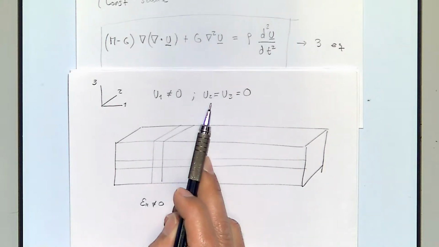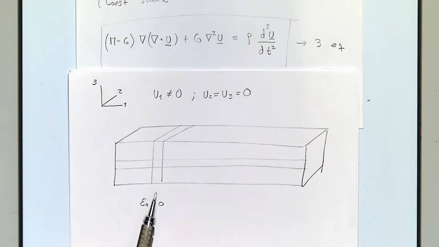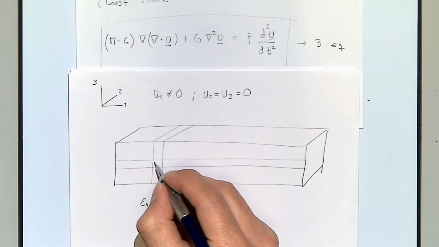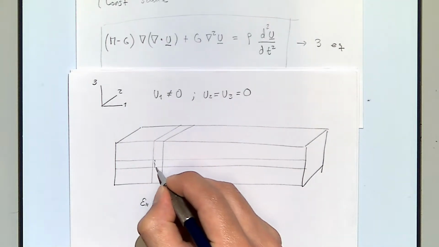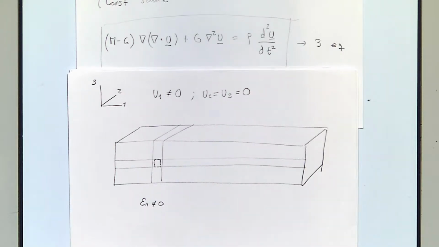Epsilon 2 is going to be 0. Epsilon 3 is going to be 0. And if we try to see that in this bar, let's assume that there is compression in here. The deformed configuration of this is going to be something like that, only with deformation in direction number 1.